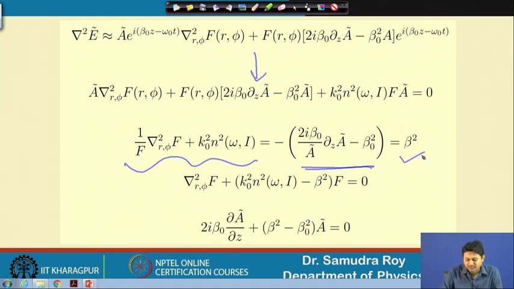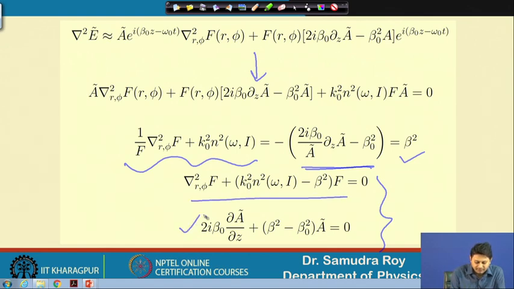We call this constant beta. Beta is essentially the propagation constant of a system when the nonlinearity is there. So, eventually we have two equations in our hand, one is the field equation, this, and another is the envelope equation.